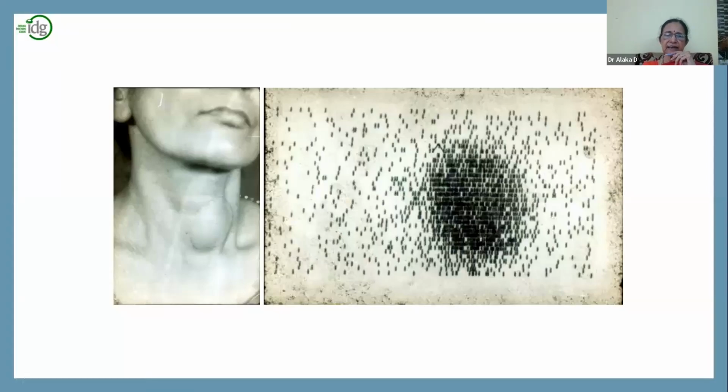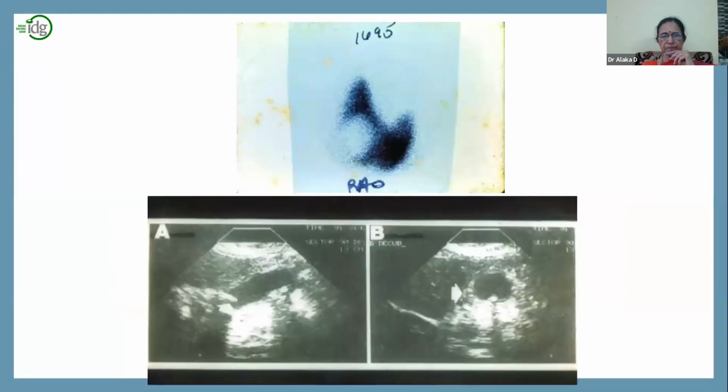Therefore, here the right lobe is suppressed by the hyperactive left lobe. Okay, so what we call this, that this is adenoma on the left side. T3 and T4 are high. Therefore, I'll say this is toxic adenoma, and that toxic adenoma has suppressed the right lobe.